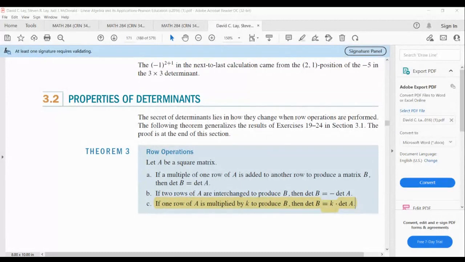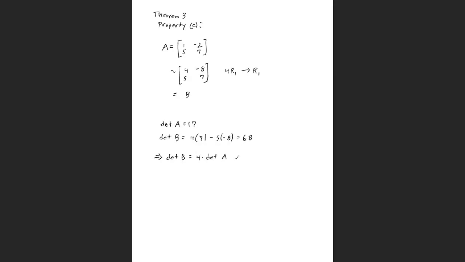Okay, let's go ahead and look at the example that reinforces that idea. That's property C. So in this example, I multiplied 4 times row 1 and replaced row 1 with that result to get the row equivalent matrix B. That's a scaling, right?